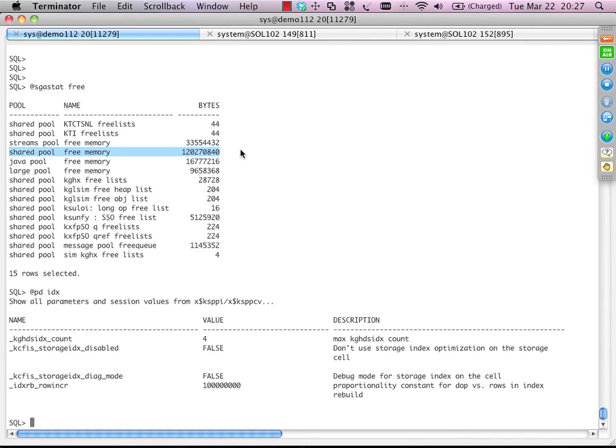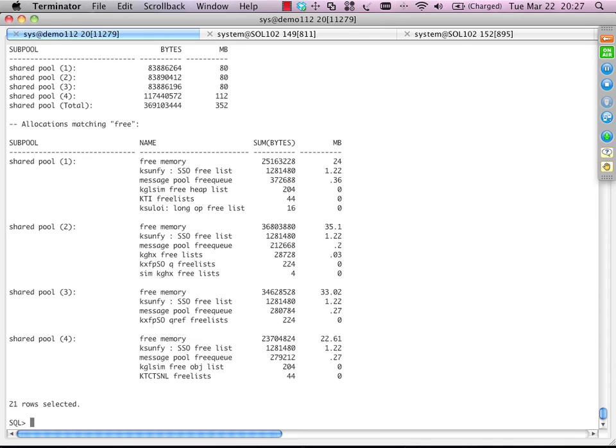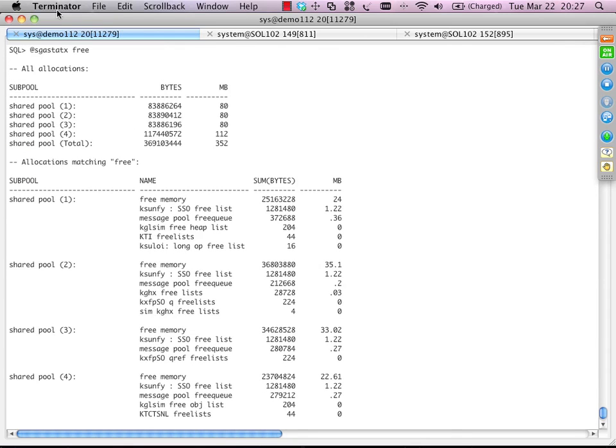But luckily the $X table under this $SGA stat has this info. It actually breaks the usage down. So if you use my script SGA stat X, again it should be in the script zip file with my scripts, it tells you how the space is allocated. So the total space is 300 megabytes.